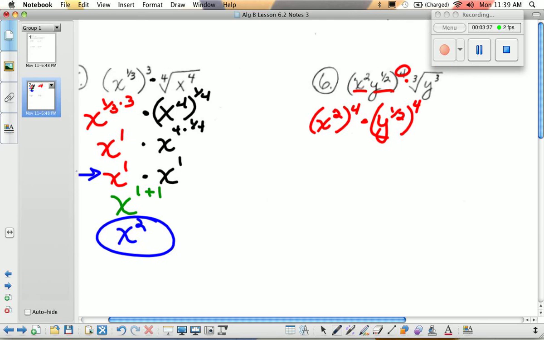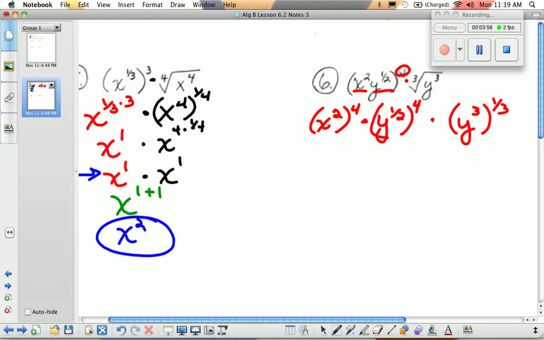And then, so that took care of that first part of this multiplication problem. We had a multiplication within a multiplication. And now we're going to rewrite the 3rd root of y to the 3rd power as a power. So y to the 3rd power has to be taken to the 1/3 power, right?